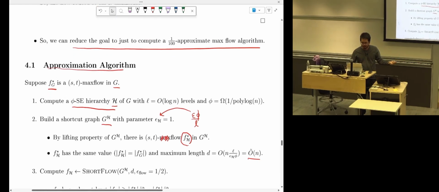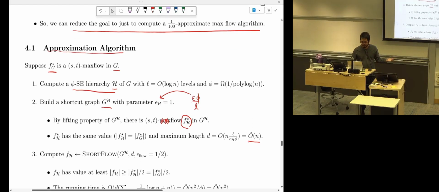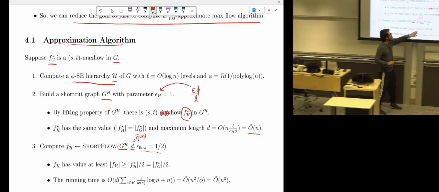So now we just use the short flow algorithm that I just described. Just run the short flow algorithm on the shortcut graph, where I want to compute a flow of length d, which is something like n. And let's say I just want some approximation, maybe even half.